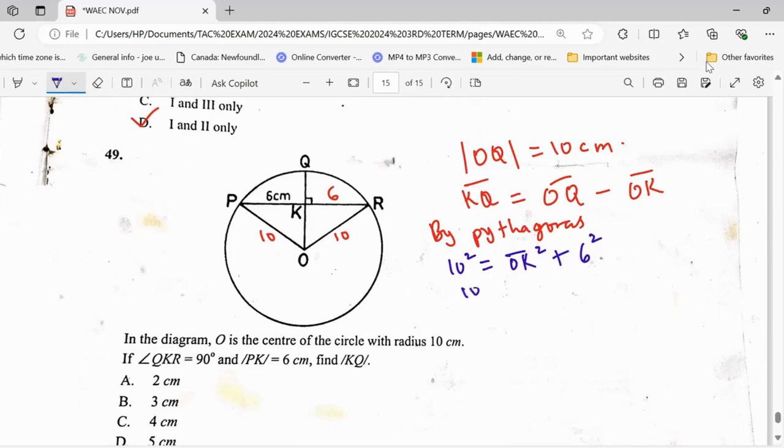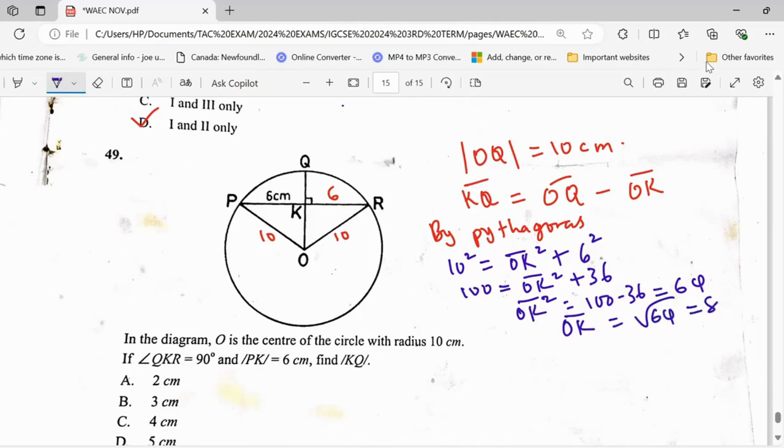So this is 100 equals OK squared plus 36. So OK squared is equal to 100 minus 36. That gives us 64. So OK is equal to the square root of 64, and that gives us 8.